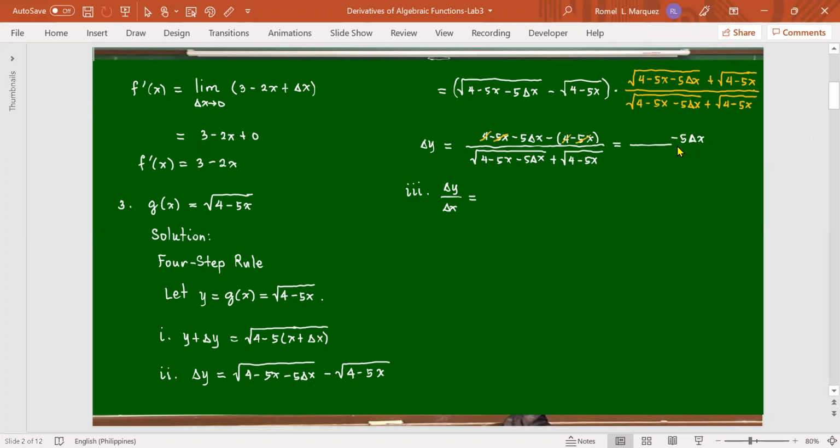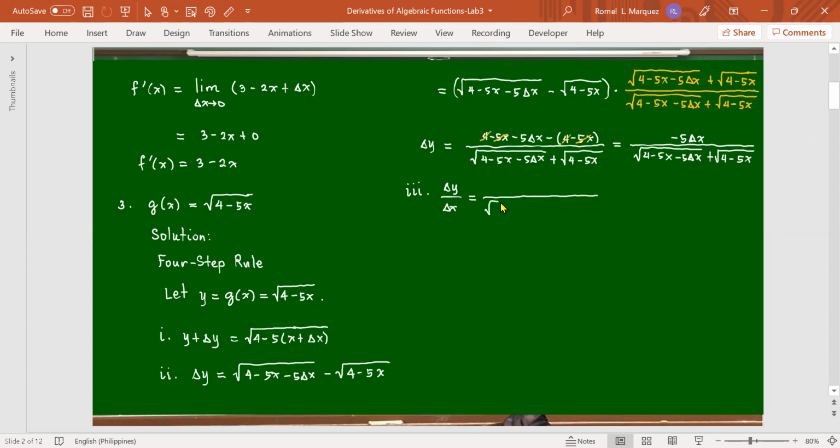So all over this radical, square root of 4 minus 5x, then minus 5 delta x, plus square root of 4 minus 5x, by delta x. The only factor left in the numerator is negative 5.